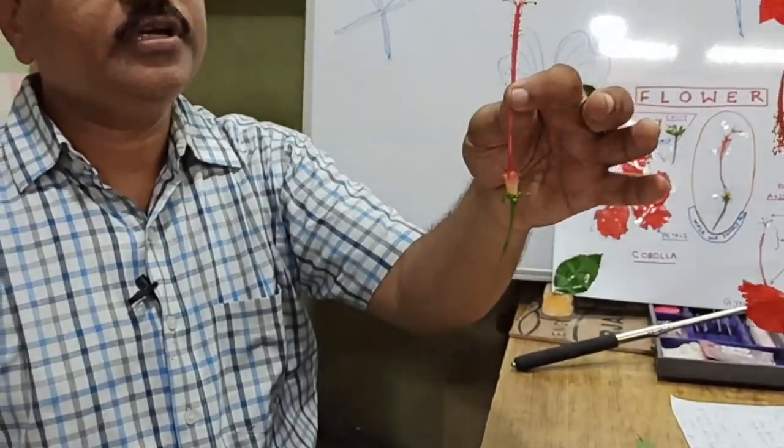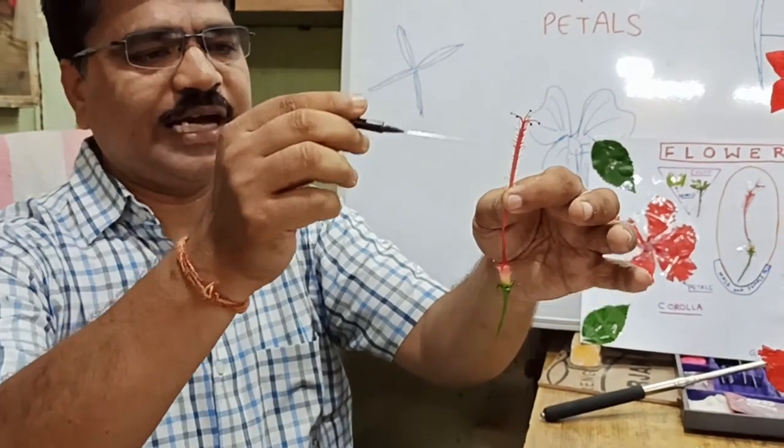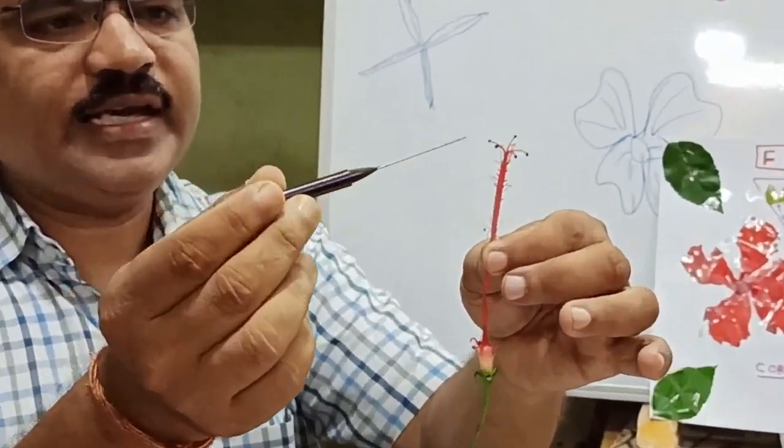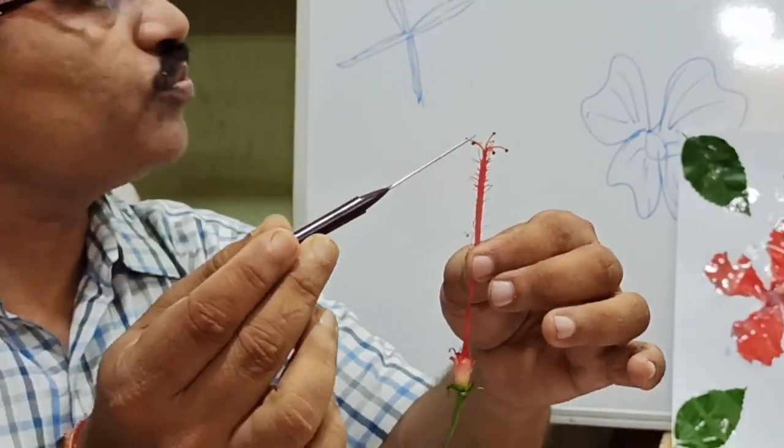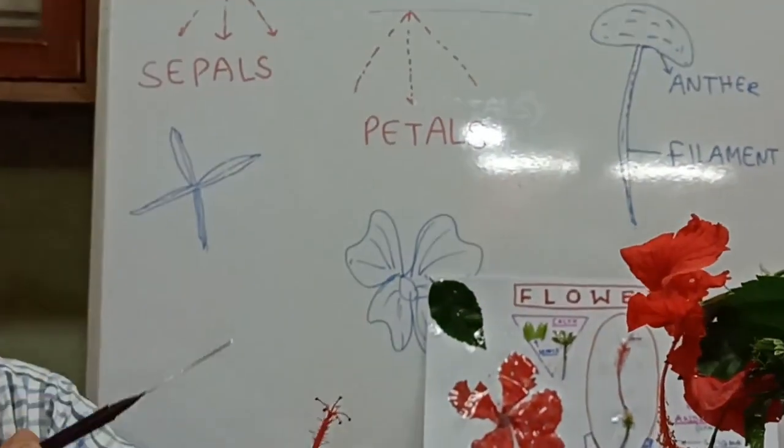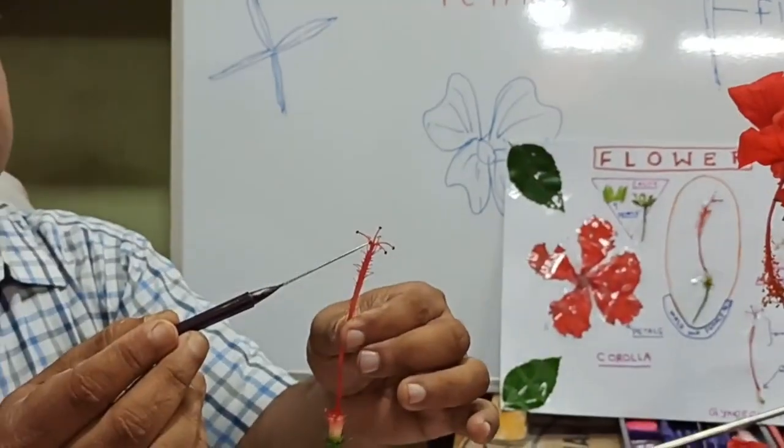So this part what you are seeing, this part is the gynoecium and it has three parts. The topmost part that you are seeing here, this is stigma.